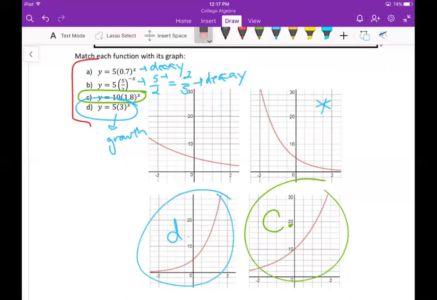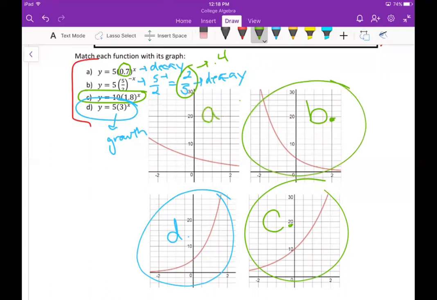So we need to figure out, okay, decay happens faster the smaller the decay factor. So is 2/5 smaller than 0.7, or is 0.7 smaller than 2/5? If you think about 2/5 as a decimal, this is 0.4. So the smaller decay factor is the faster decay. So this one is B and this one is A.